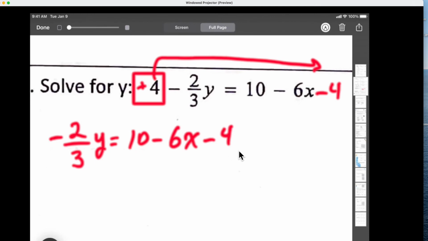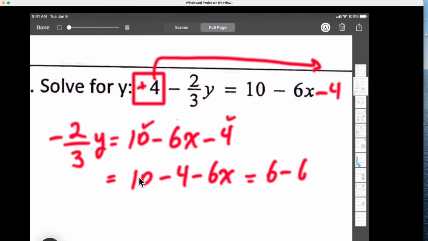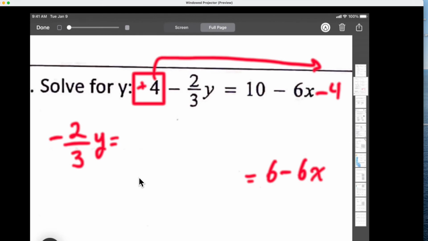Now, do you see anything here you can combine? The answer is yes. We can combine this 10 and that -4. So if I rewrite this as 10 minus 4 minus 6x, it's clear that's the same as 6 minus 6x. Okay? So I'm going to take this and move it here.